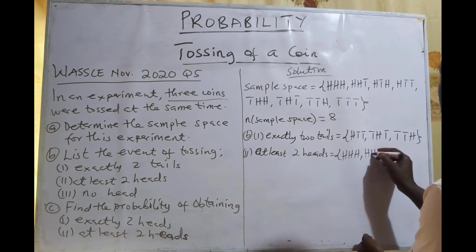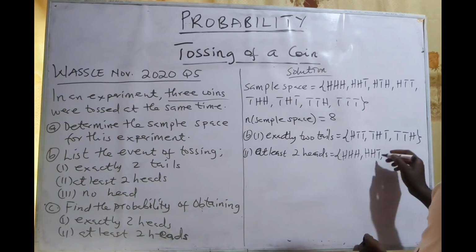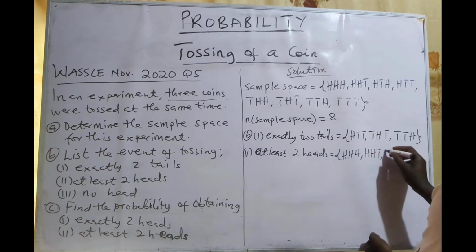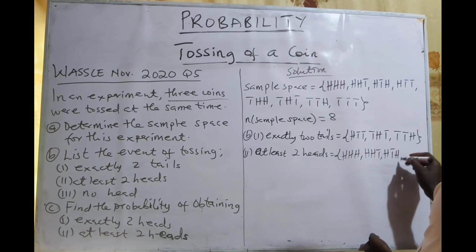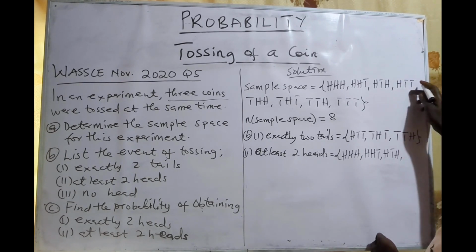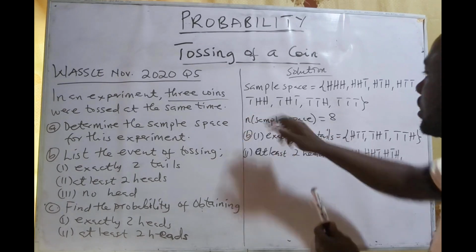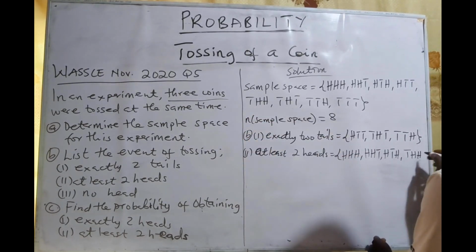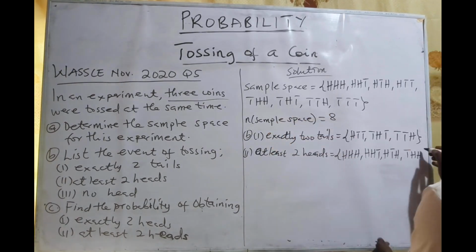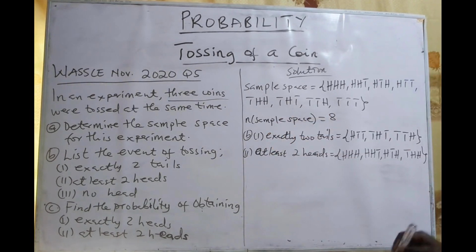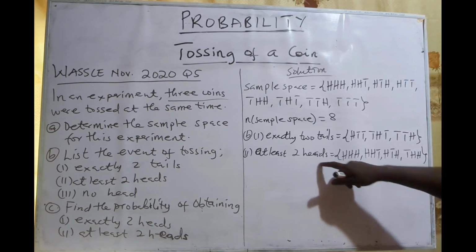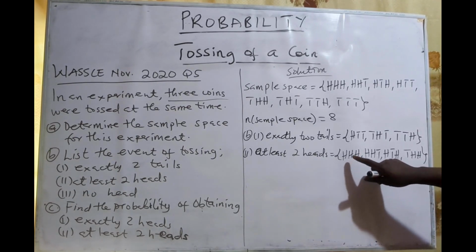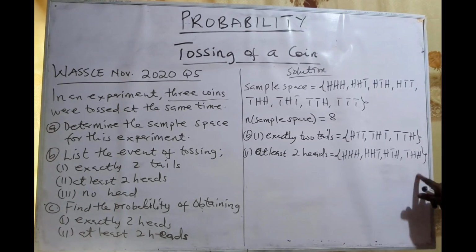Head, head, tail is also at least 2 heads. Head, tail, head, also at least 2 heads. This is 1, so it is not part. Also tail, head, head is at least 2, and that is all. So this is at least 2 heads, either 2 or more.